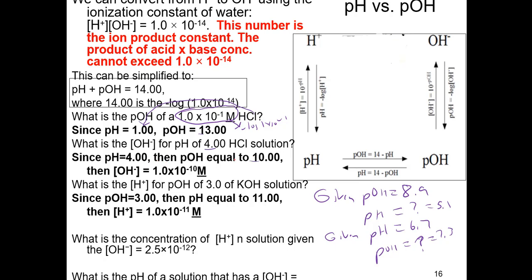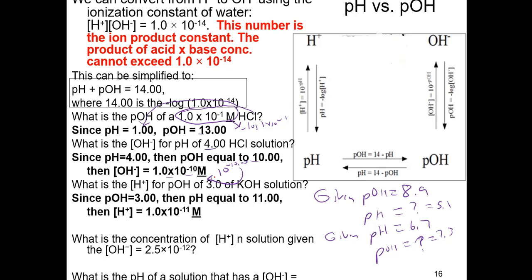And now I need to turn the pOH into hydroxide concentration. Excuse me, for hydroxide it's going to be the antilog, and that's going to be 10 to the negative 10.00, which gives us the molarity that you see there.